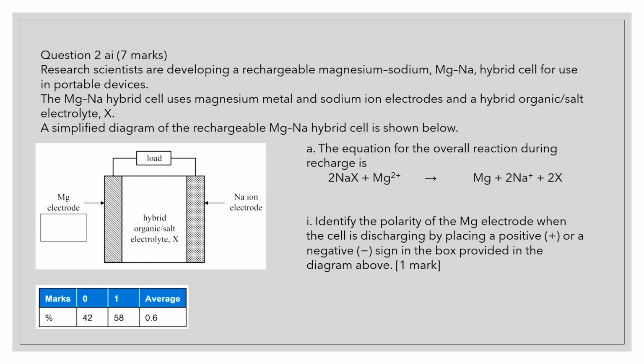The Mg battery uses magnesium and sodium ion electrodes in electrolyte X. When it is recharged, Mg ions are converted into Mg metal. The discharge is the reverse of recharge, so the Mg metal is converted into Mg ions through losing electrons. The electrode losing electrons is defined as the negative terminal.